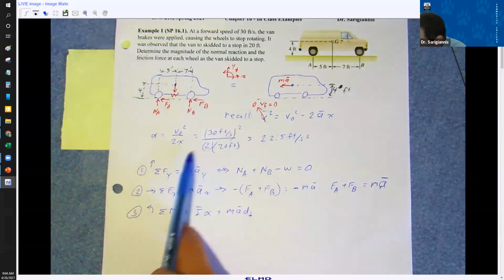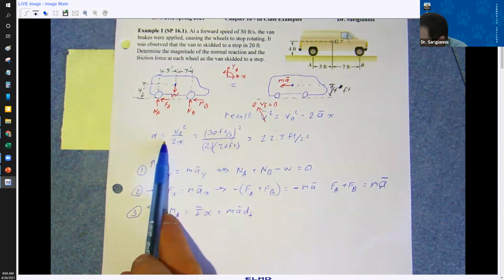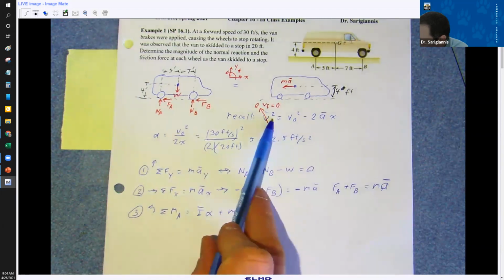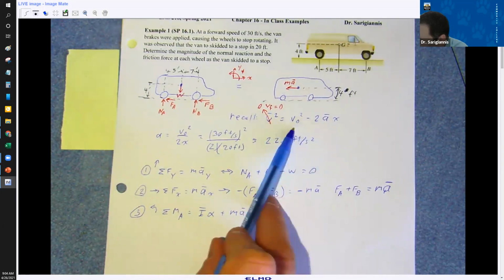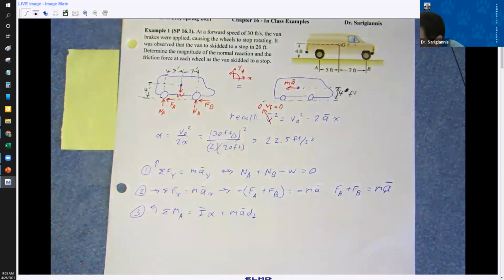We have our dimensions. We set up an equation for acceleration, right? This is just from the basic uniform acceleration equations. And we got 22.5 feet per second squared.